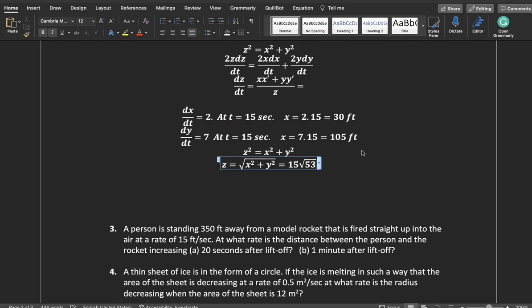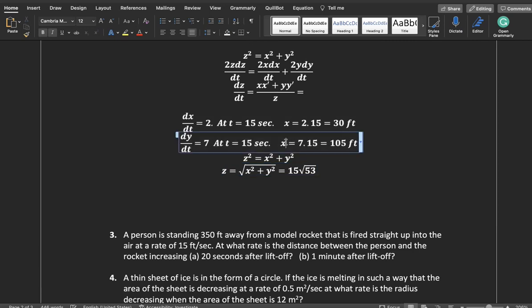Now we know x, we know y, and we know z as well. Now we can find dz/dt, right?